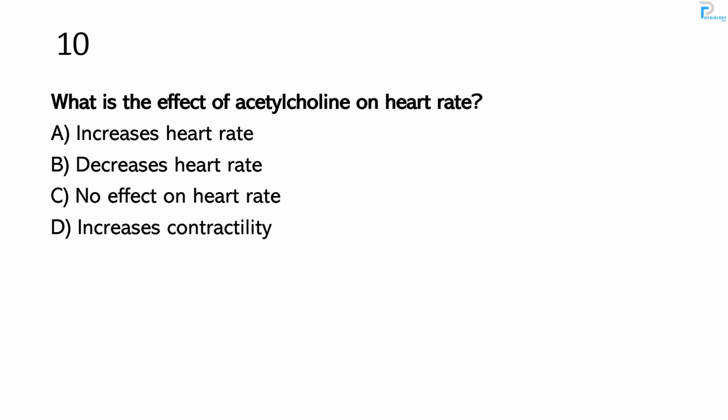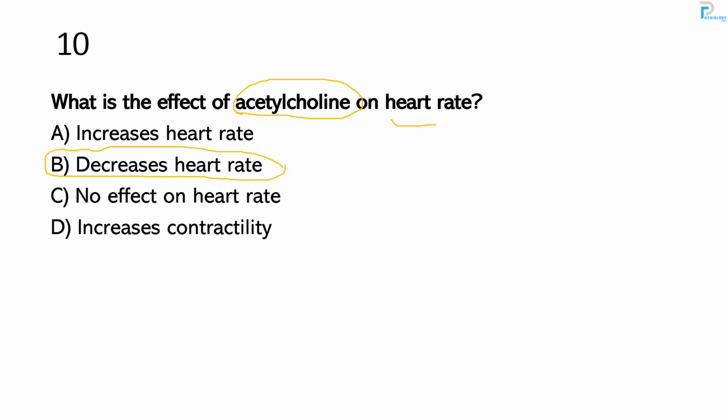What is the effect of acetylcholine on the heart rate? So acetylcholine is the chemical transmitter, that is the neurotransmitter, which is released from parasympathetic fibers, which supply the heart. And acetylcholine acts on muscarinic receptors in the heart and causes a decrease in heart rate.